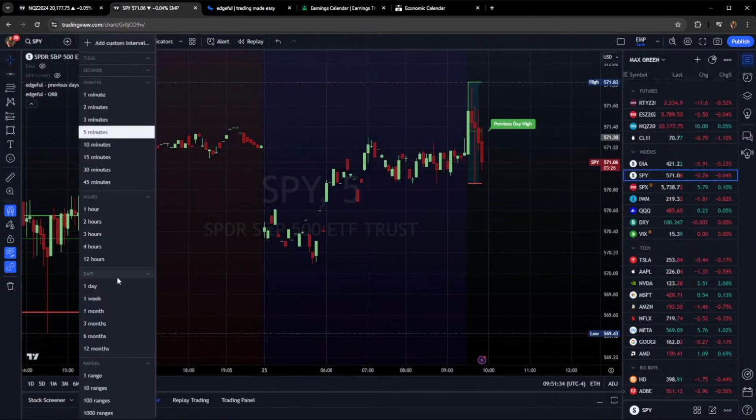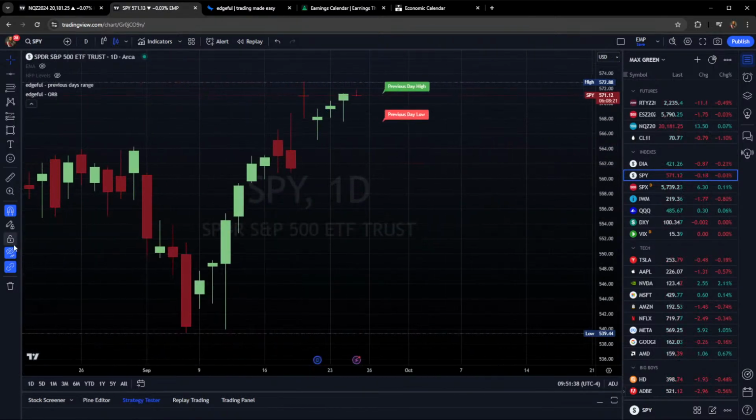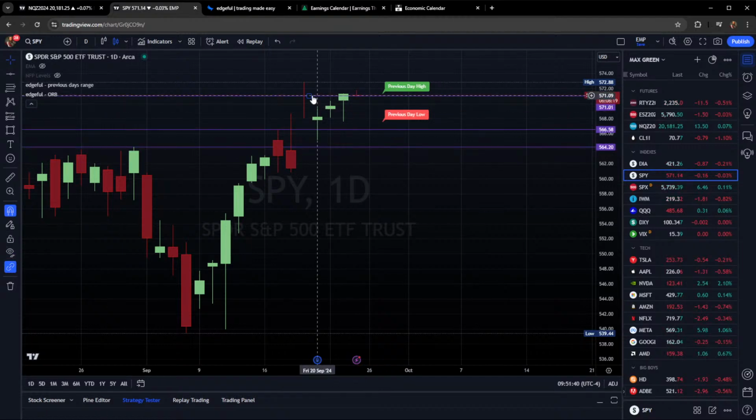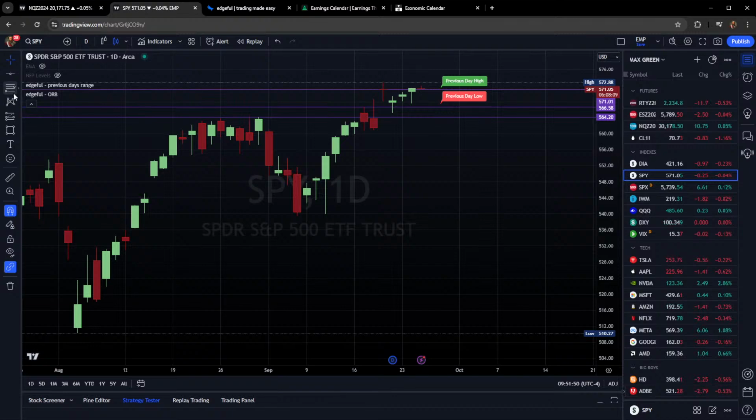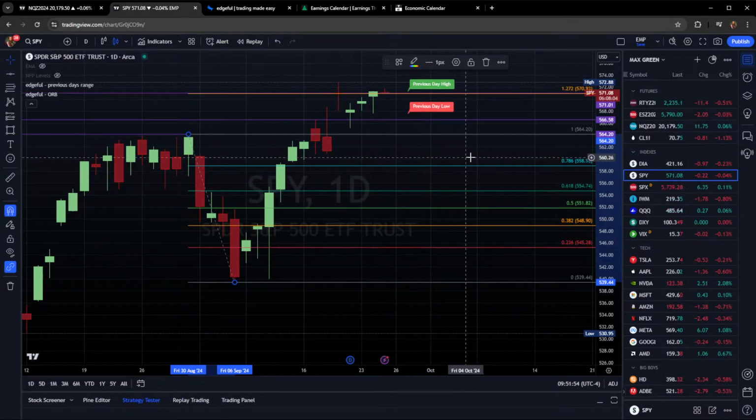If we look at the big picture on SPY, that was yesterday's close. I just think we're still going to do something like this for a while here. Now, you guys, I know I love my fib extensions. Look at that.